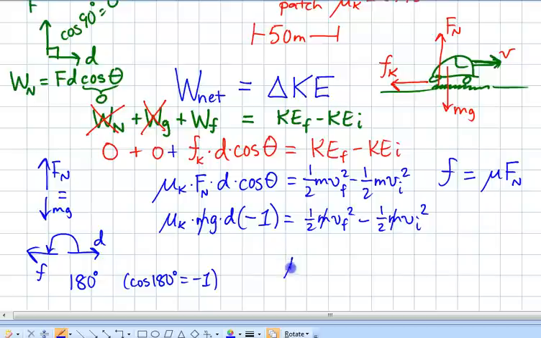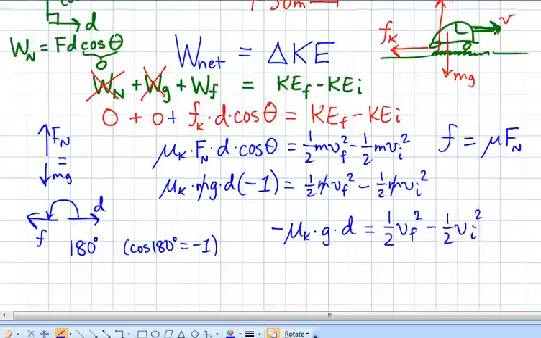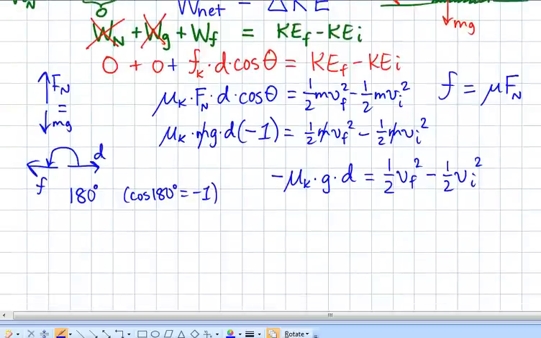And so what we have is mu k times gravity times distance with a -1 is equal to 1/2 v final squared minus 1/2 v initial squared. And if this looks familiar, this looks like what we might have called the forgotten equation before. That's because it is. Take a look at the derivation video to remind yourself where this comes from. In this case, mu times gravity would be the car's acceleration.